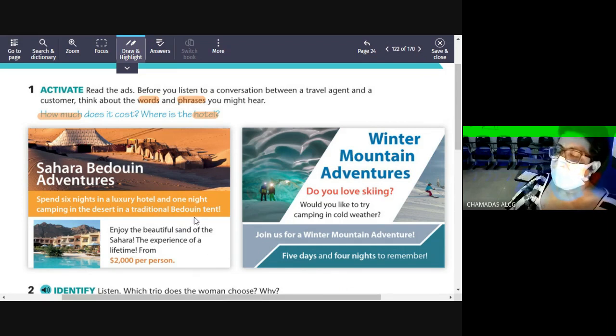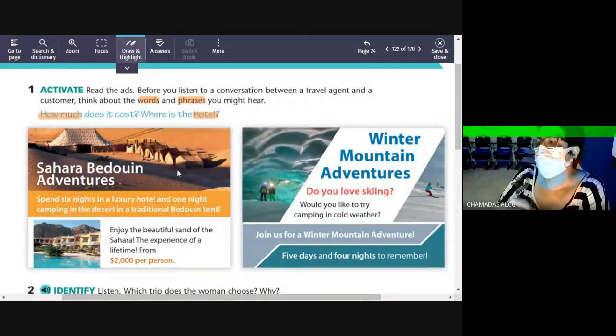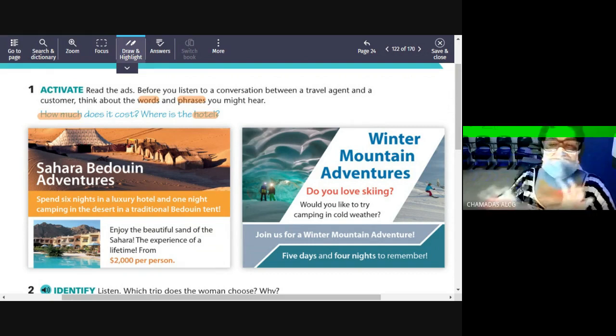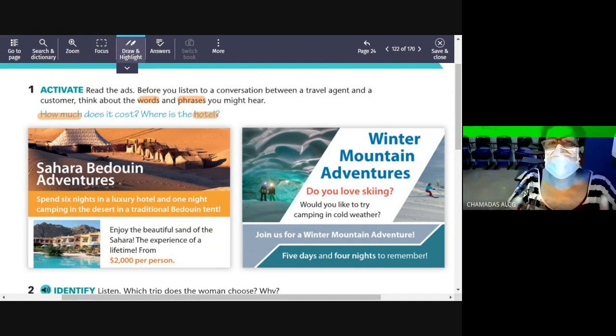Because it's a luxury hotel, but then you spend one night camping in the desert. You don't spend all the nights in the tent. Okay, guys, only one night. All the other nights you stay at the hotel. So it's an experience that you have most of the time in the luxury hotel. One night only camping in the desert, only for you to have an experience.